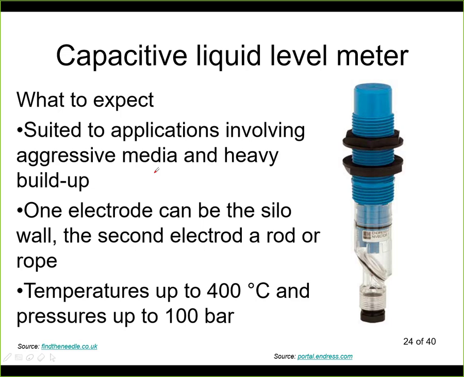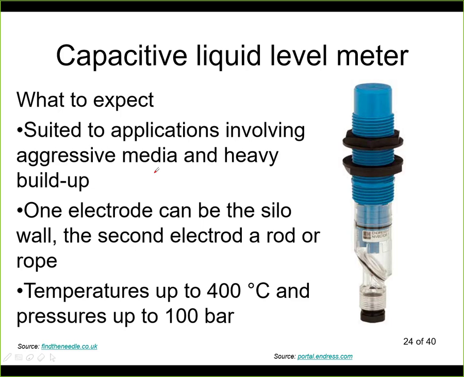On one of the videos I have inserted here in the links, you may actually see how this works and why this is working, but it's suitable also for those applications. It is suitable for aggressive liquids because the only part of the sensor that is in contact with the liquid is the electrode itself. So it may be from stainless steel so that it's corrosion resistant for your material.